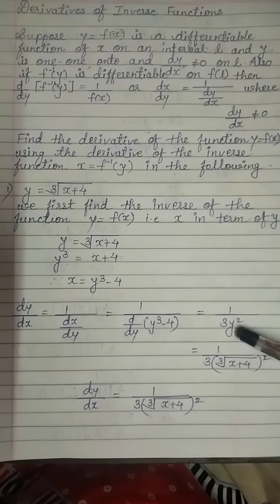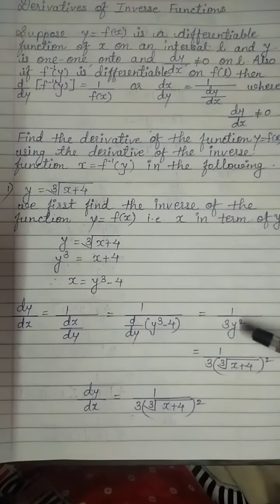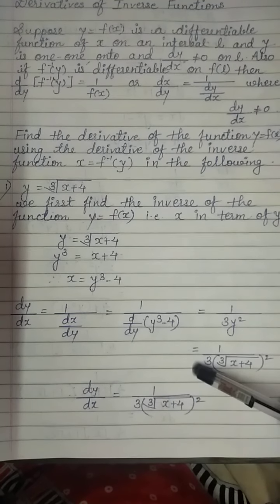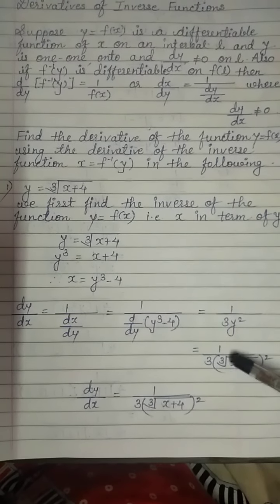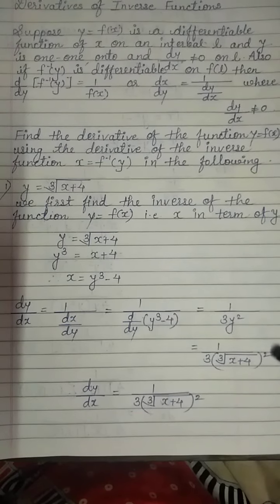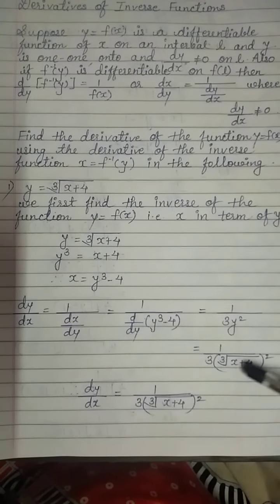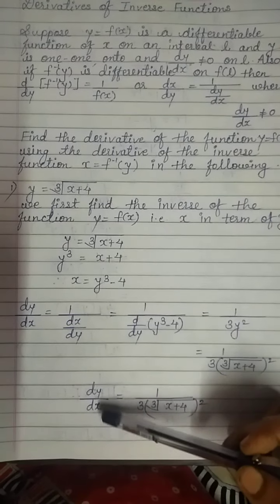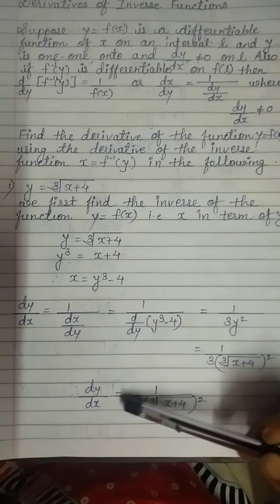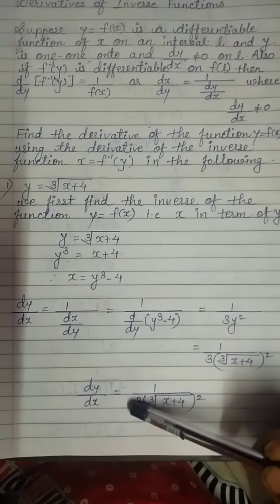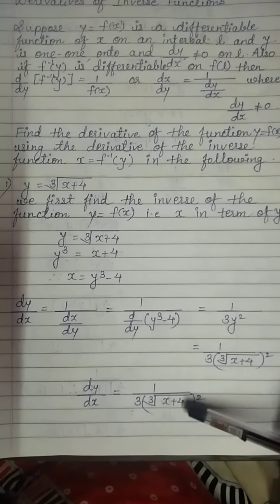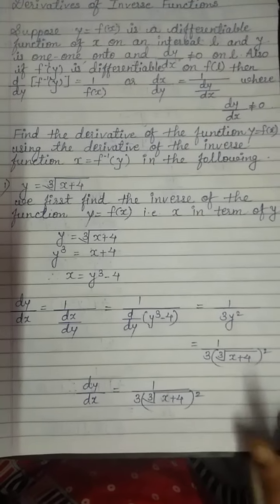So resubstituting the original value of y, here we will get 3 as it is, and cube root of x plus 4 the bracket square. So this is nothing but the value of dy by dx. So dy by dx is equal to 1 upon 3 into cube root of x plus 4 the bracket square.